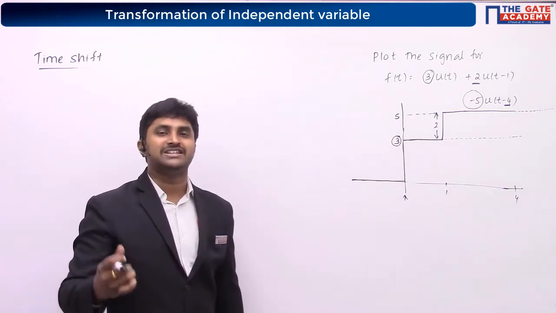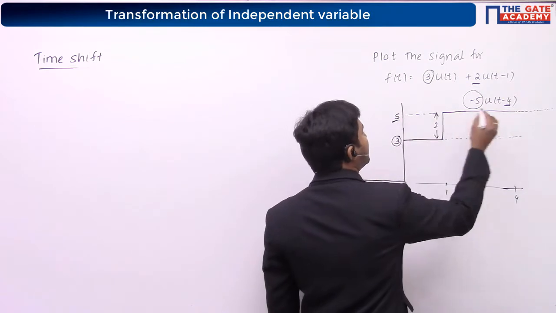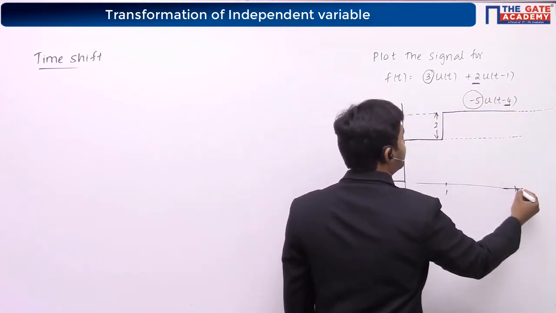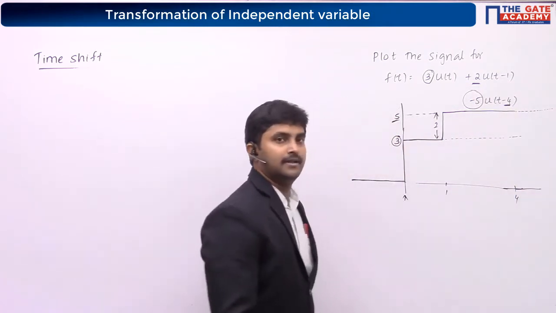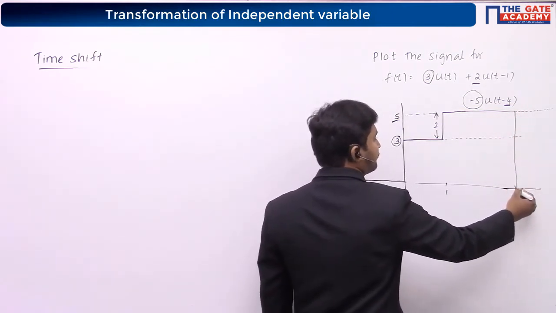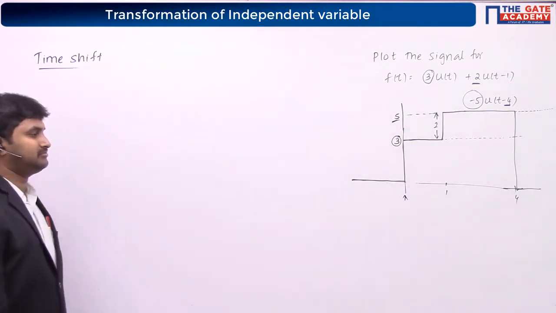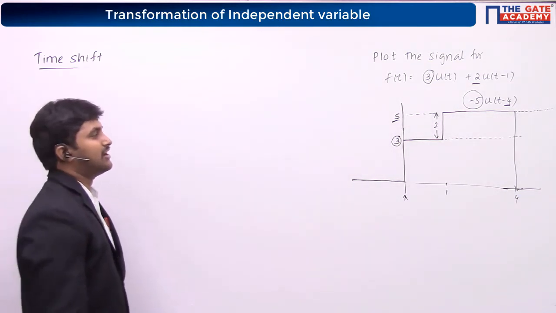The already existing amplitude is 5. If you subtract 5, it becomes 0. So the resultant falls and becomes 0. And this is how the graph is.